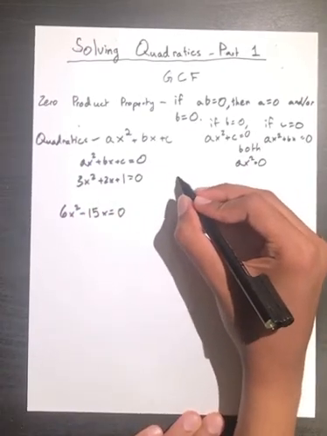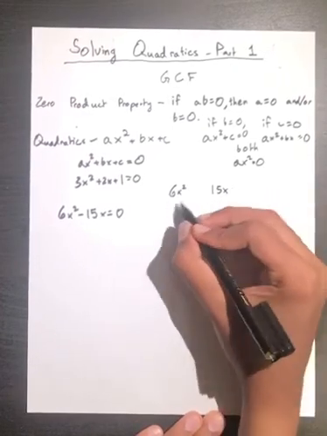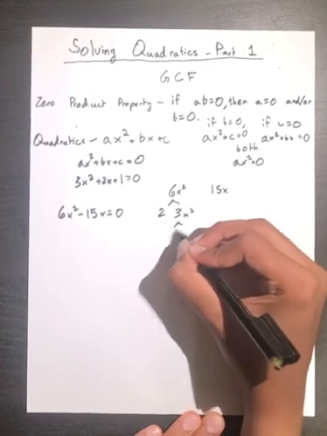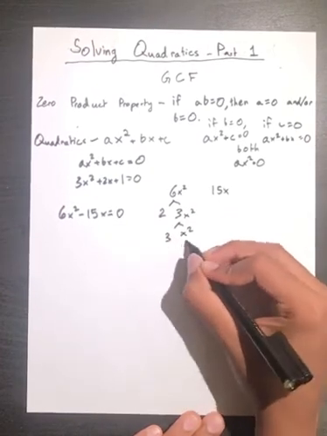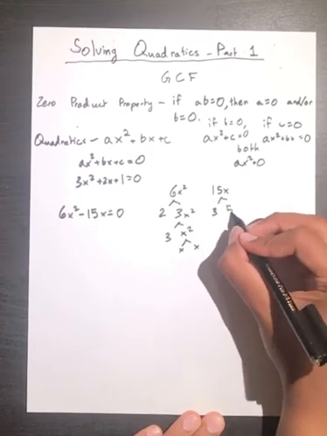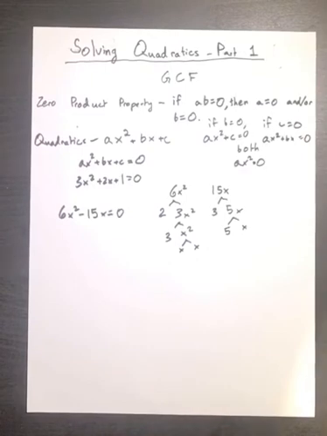So we will do 6x squared and 15x. This is 2 times 3x squared, which is 3 times x squared, which is obviously x times x. And this is 3 times 5x, which is 5 times x. Now, I don't expect anyone to actually go through this factor tree process over and over again.